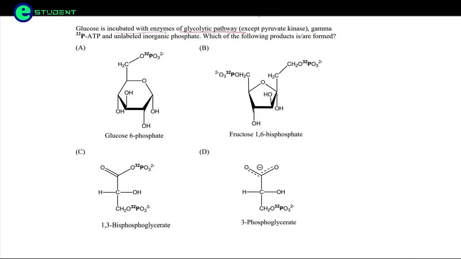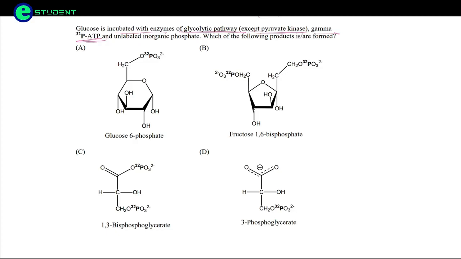Basically it will undergo glycolysis, except pyruvate kinase is not given, which converts phosphoenolpyruvate into pyruvate. Gamma phosphorus 32 ATP and unlabeled inorganic phosphate. Which of the following products are formed?